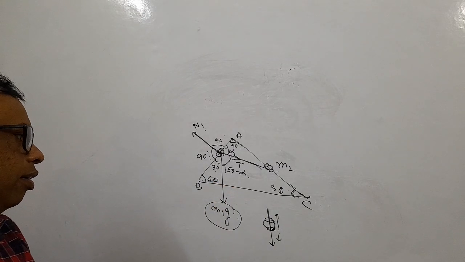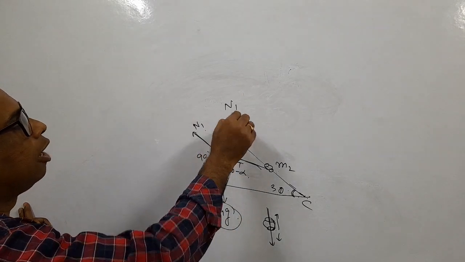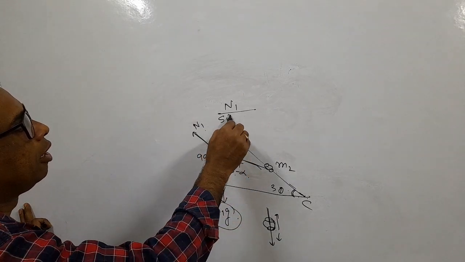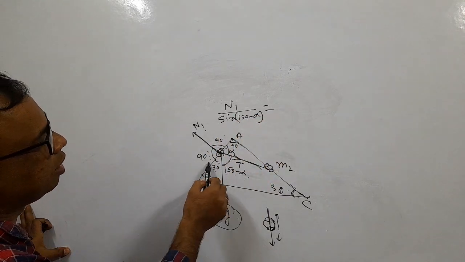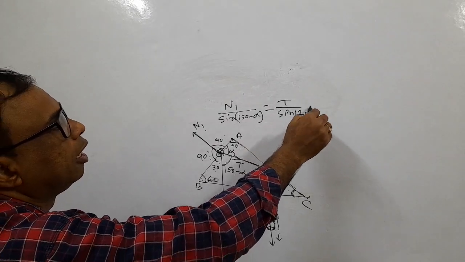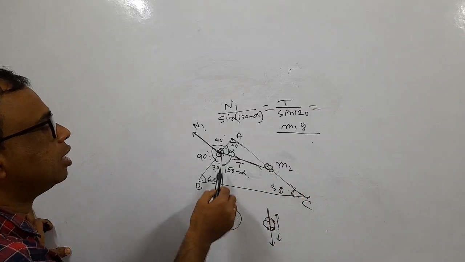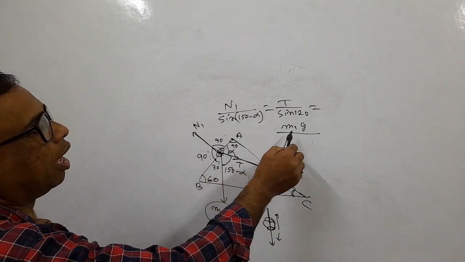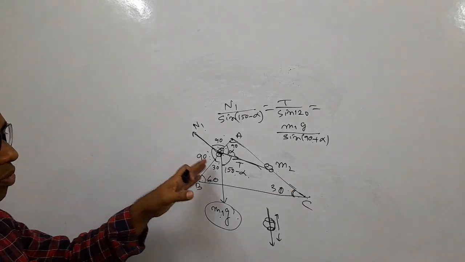That's the angle. So you can write the equation as N1 by sine (150 minus alpha), tension T by sine 120, equals M1G divided by sine (90 plus alpha). That's Lami's theorem for the first body.